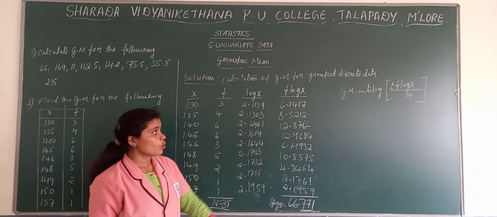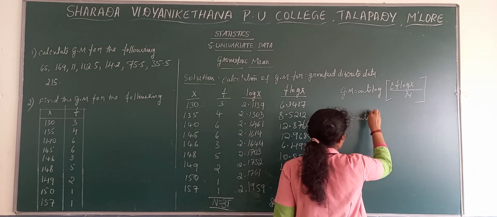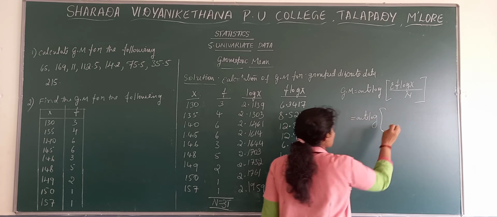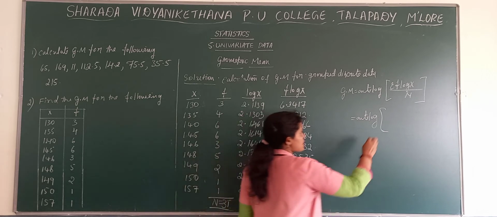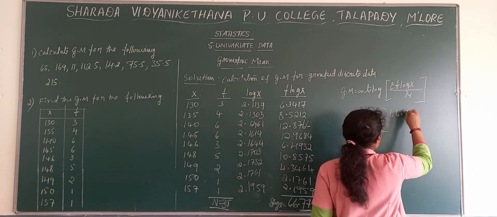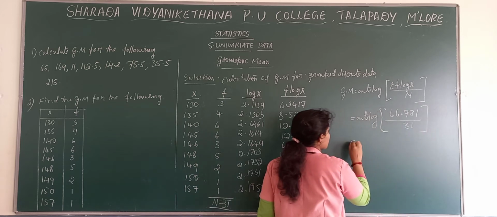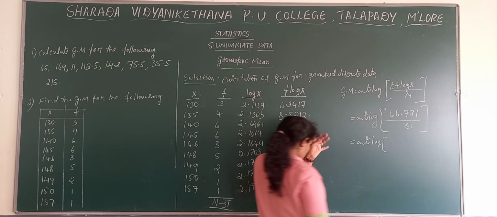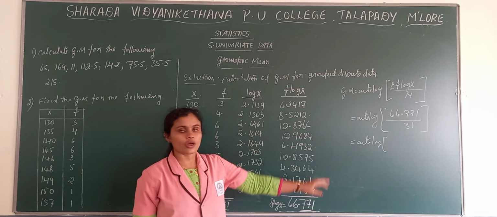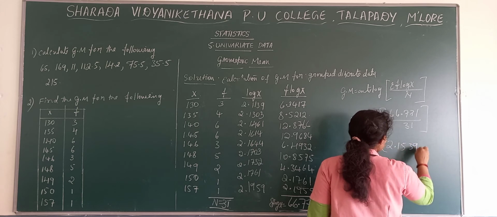Now, here, antilog of sigma f into log x divided by n, 66.771 divided by n, it is 31. When we divide it, we get the value as 2.1539.